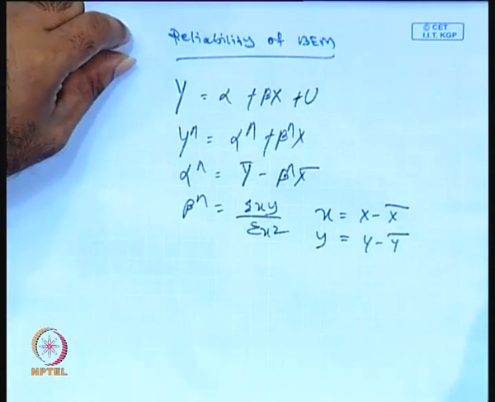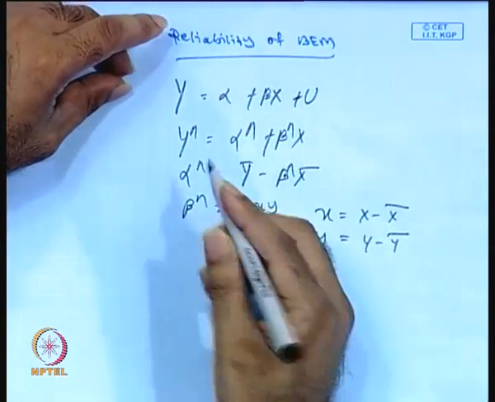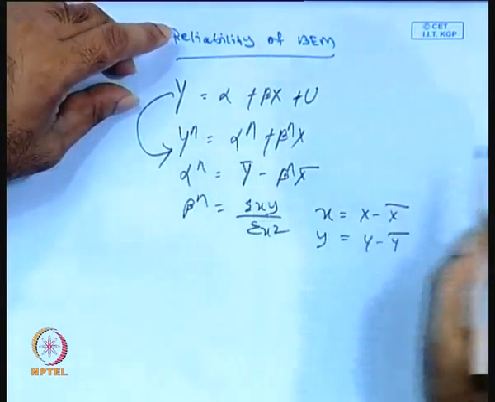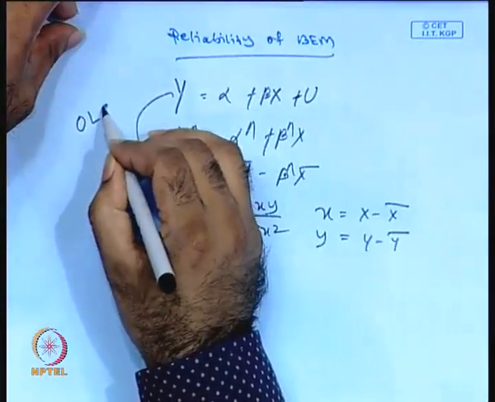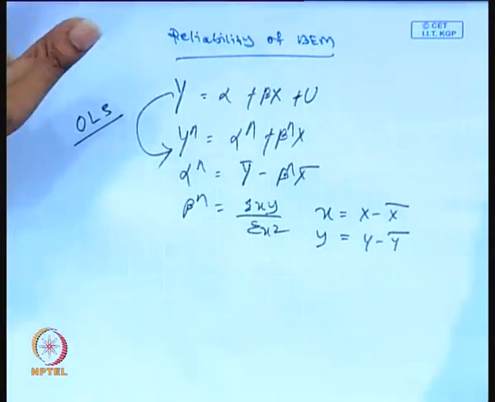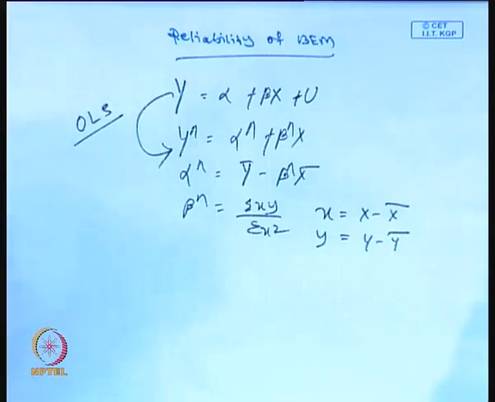But in moving from the first equation to the second equation, the estimated model y hat equals alpha hat plus beta hat x, we have applied a technique called OLS. Of course, there are several techniques like ordinary least squares, generalized least squares, weighted least squares, and maximum likelihood estimator.